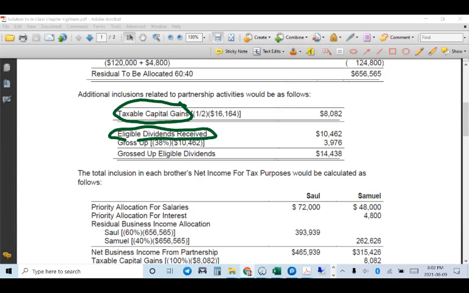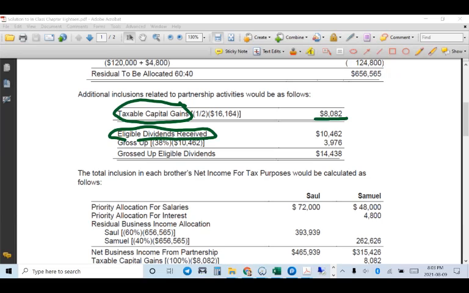Then it's number 2. So other information, number 2 on page 903 says the partnership has 2020 gains on the sale of shares held as temporary investments. So the partnership has bought some shares and they're holding them as a temporary investment, but they sold them and had gains on them. So it says that the gains were $16,164. So the taxable portion of that that would go to one of the partners is going to be the 1/2.